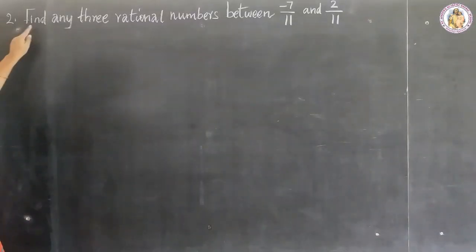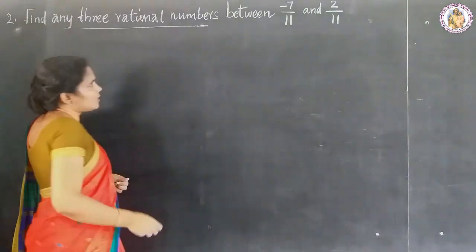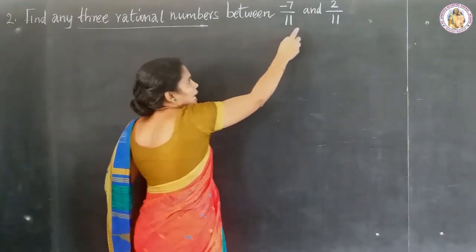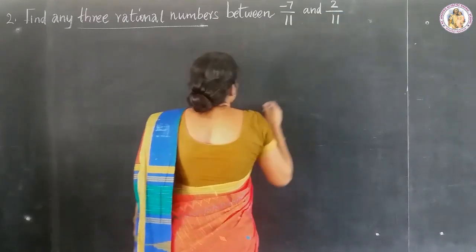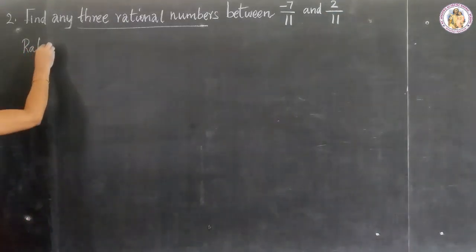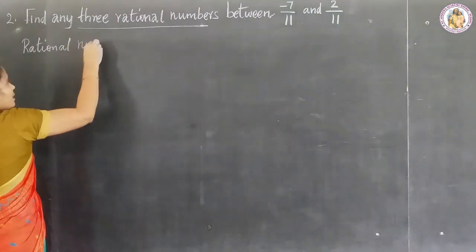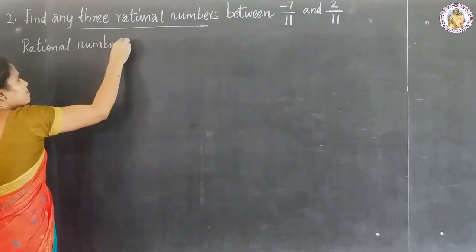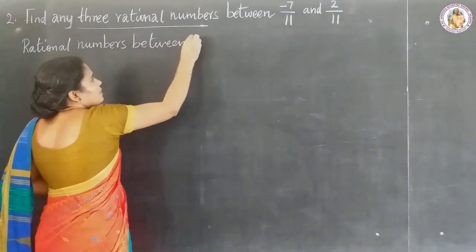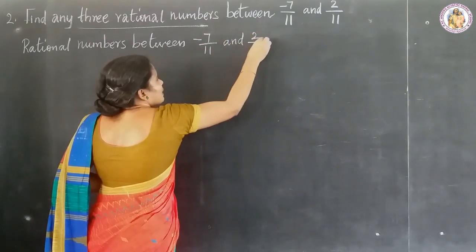Question number 2. Find any three rational numbers between minus 7 by 11 and 2 by 11. So now let us write the rational numbers between minus 7 by 11 and 2 by 11.